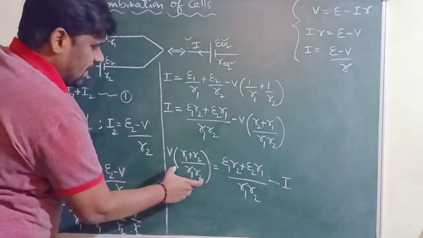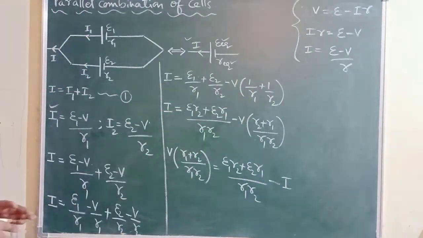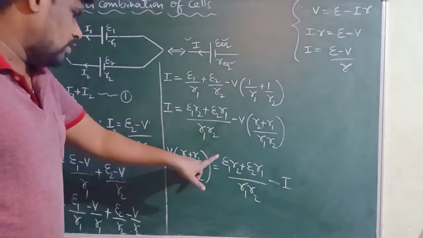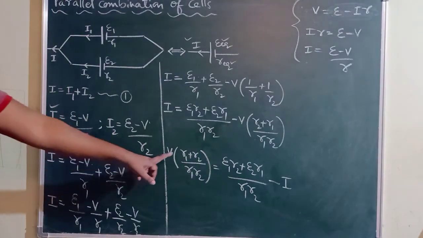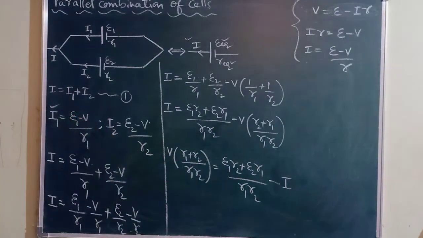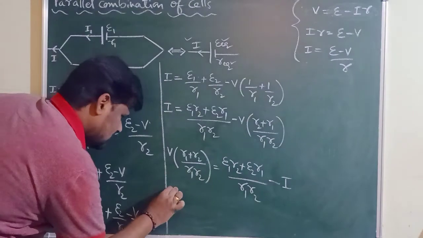You transfer this entire term to the RHS, so that R1 into R2 goes to the numerator and R1 plus R2 comes to the denominator. We keep this as it is.